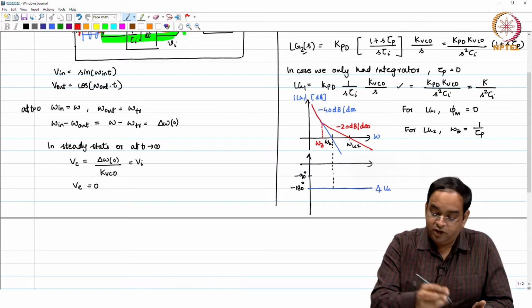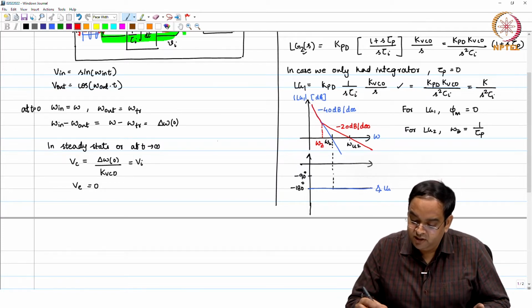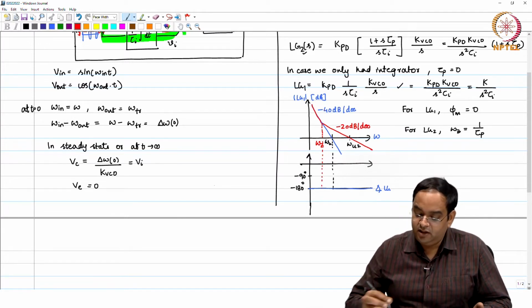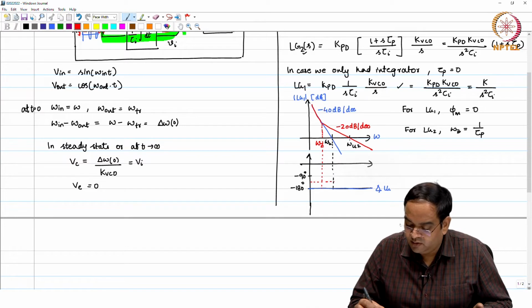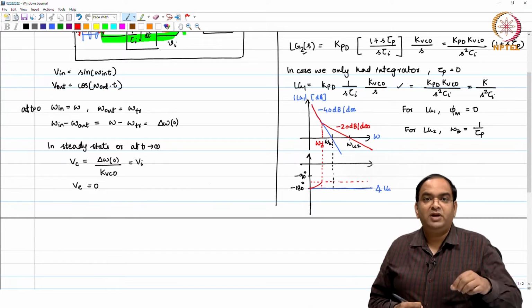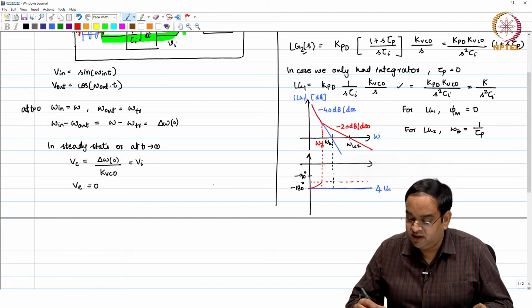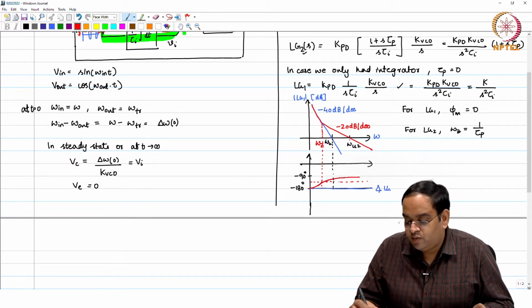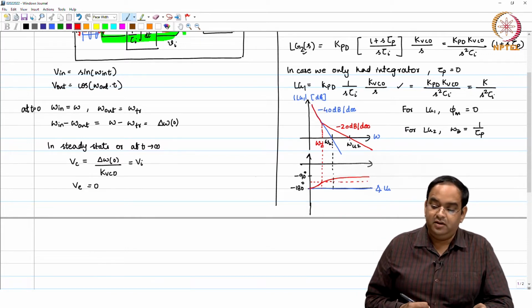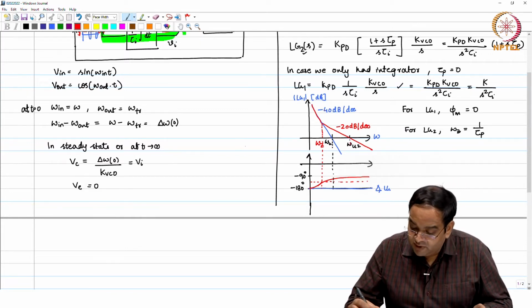The phase for the corresponding loop gain is going to start with minus 180 degree, go to minus 135 degree, because a 0 will give you a 45 degree heads up, and then finally in the end it will reach minus 90 degree asymptotically. Okay. So, the phase margin for the new loop gain, or loop gain 2, is this much.